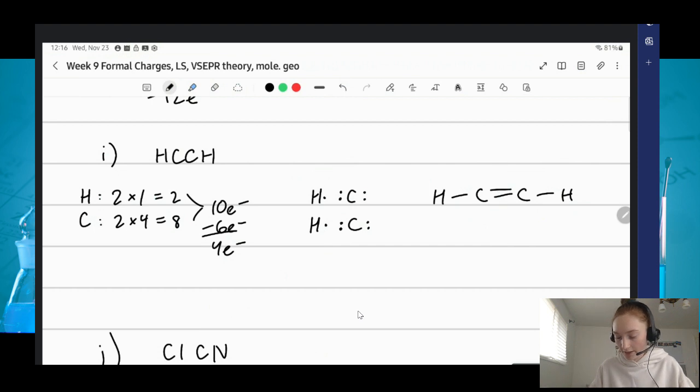So if we did a double bond here, that would be minus 2 valence electrons, so that'd be 2 valence electrons left over, but each carbon has 6 that it's sharing, so each needs 2, so we would need 4 valence electrons, but we only have 2. So let's add one more bond, and the maximum can only be a triple bond.